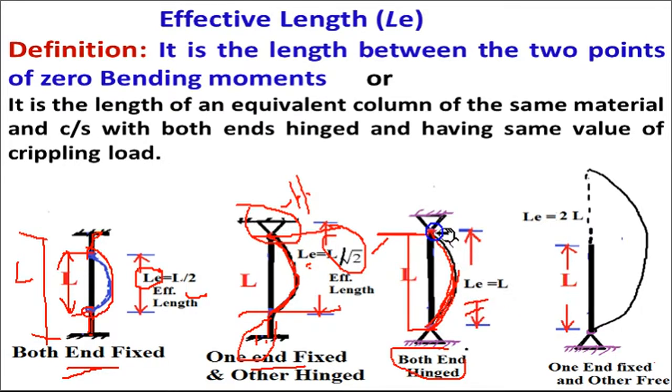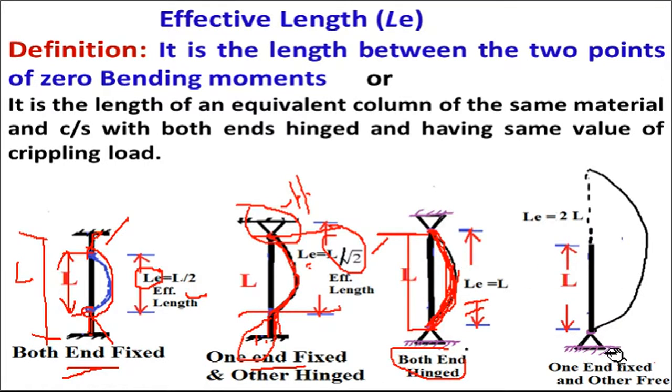Because buckling will start from the end only. At both the points ends are there, so LE is equal to L. In the fixed case, due to fixity this length is less, and due to fixity here this length is less. Here it is slightly less, and it is the actual length L whenever it is hinged at both the ends.